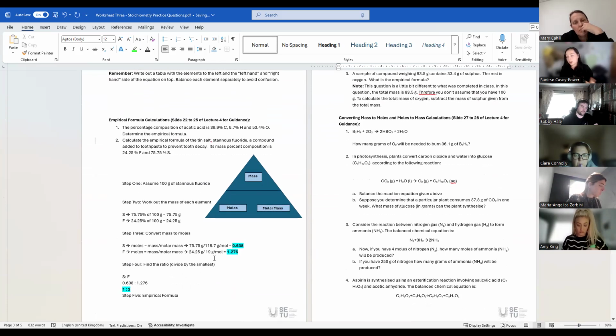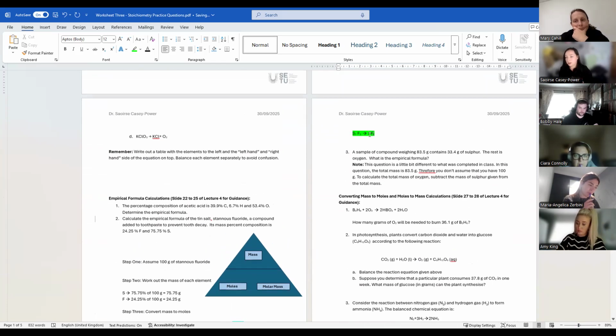From the mass, you convert it into moles based on your triangle here and your periodic table. Find the ratio, and then write it as its correct empirical formula. There's a couple of examples there, but they're all the same 5 steps. Does anyone have any questions on that, guys?